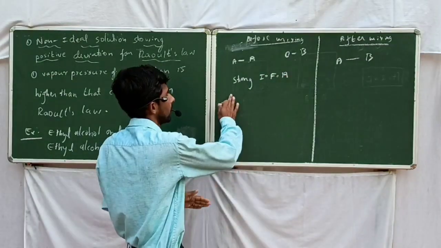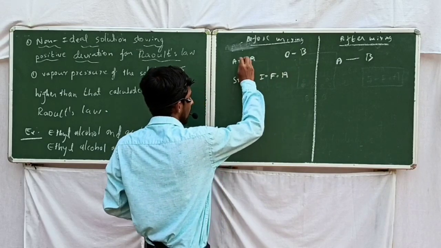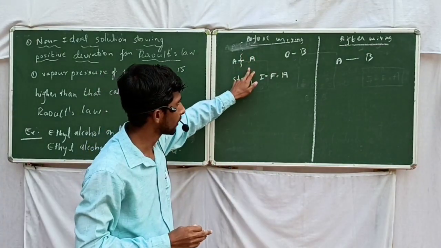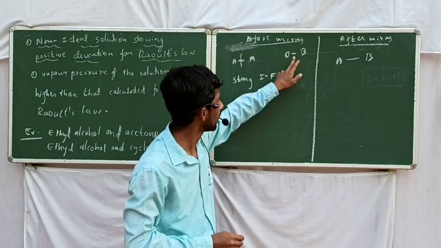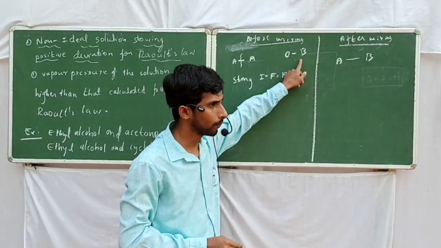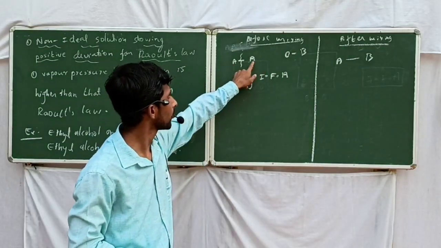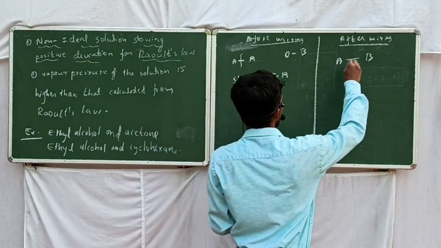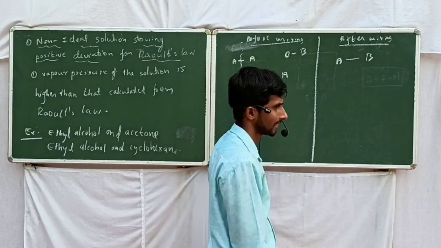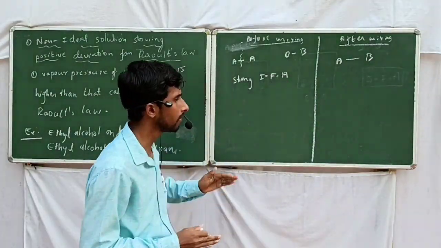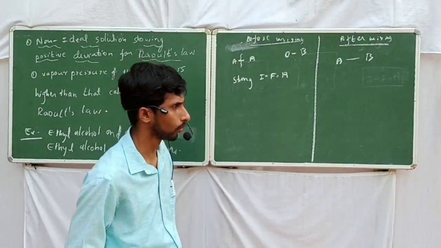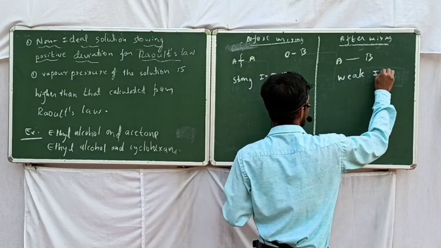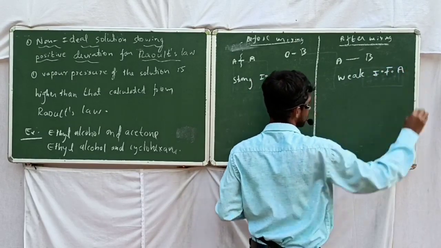Then once you mix A with B, the hydrogen bonding between molecules of A will break because some of the molecules of B will interfere with the molecules of A. So a new interaction is established due to breakage of forces of attraction in the case of pure components. This one is weak intermolecular forces of attraction.